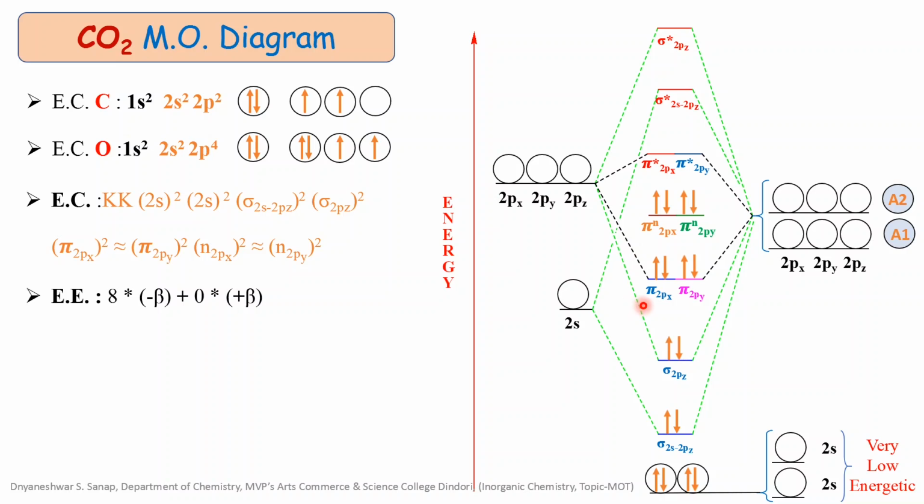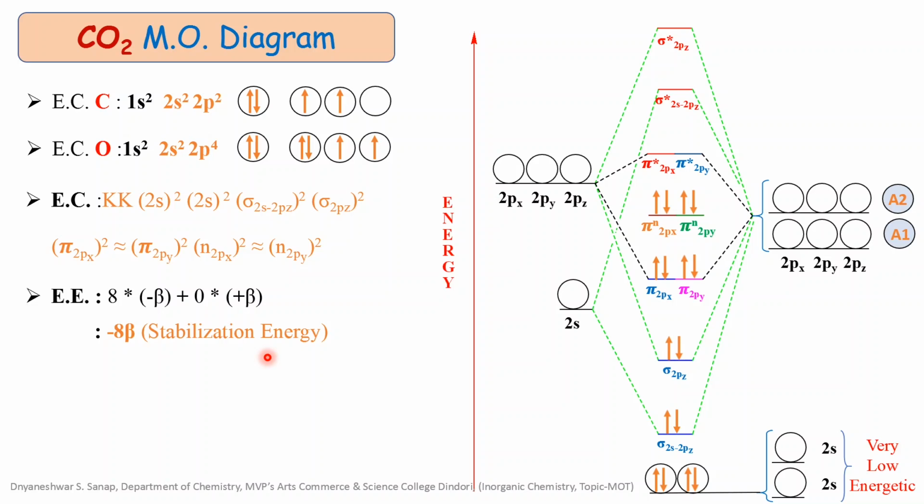There are 8 electrons present in the bonding molecular orbitals and no electrons in antibonding molecular orbitals. Putting these values in the formula, we get 8 into minus beta plus 0 into plus beta. After solving this, we get the value of minus 8 beta, that is the stabilization energy. That means there is evolution of energy during the formation of the CO2 molecule.